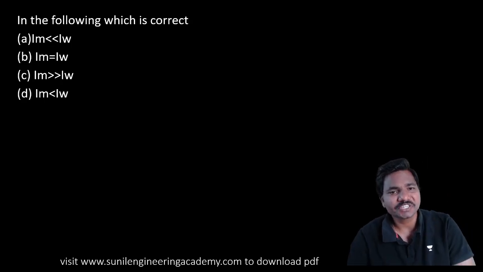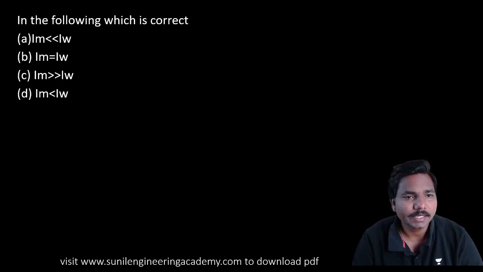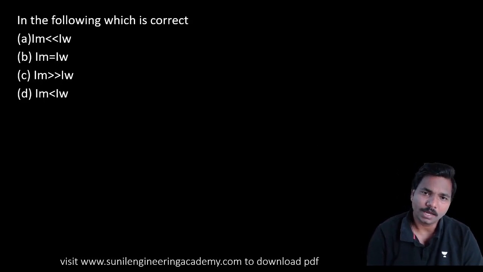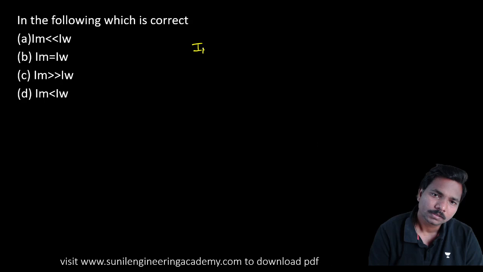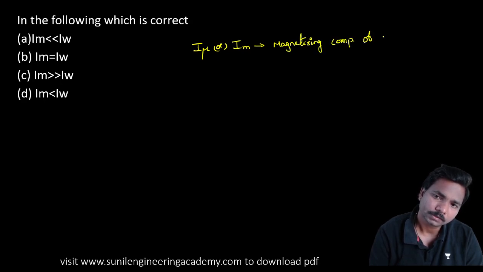In the following, which is correct? Here I_m or I_w. I mu or Im is nothing but the magnetizing component of current, or you can say the reactive component, or wattless component.